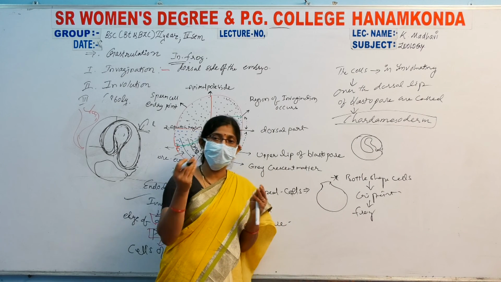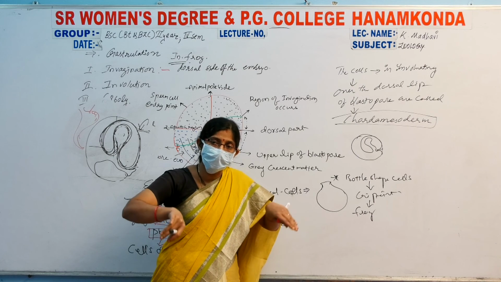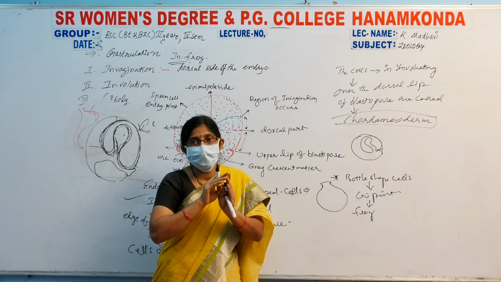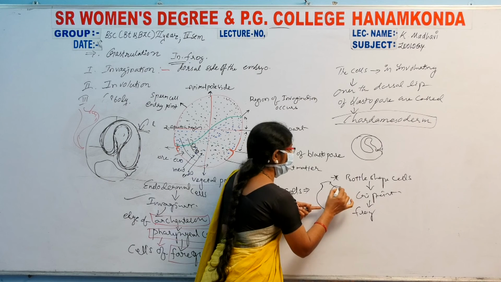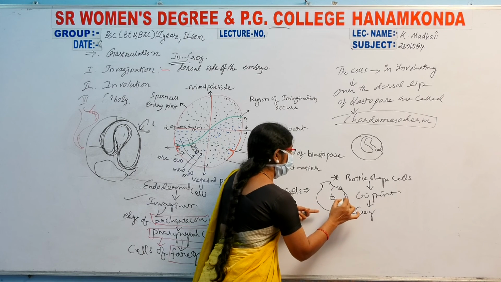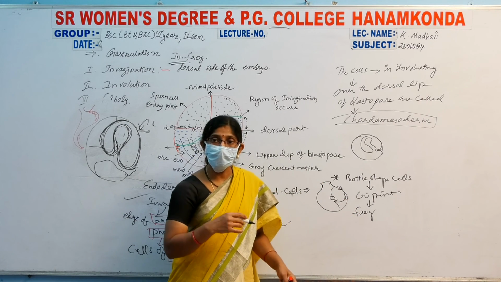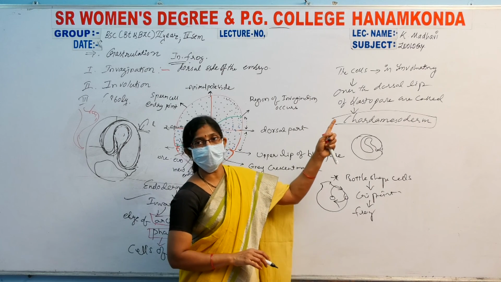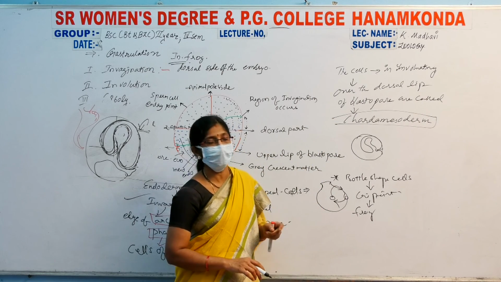Outward cells enter into the inside. Inside cells move outside, and outside cells move inside. Inward movements are known as involution. Outward movements are known as invagination.